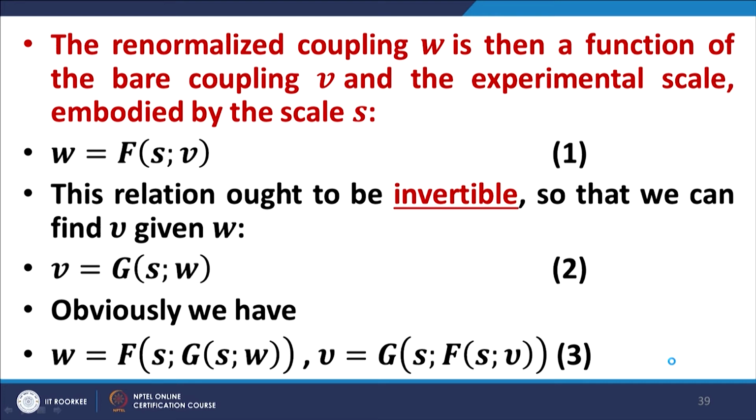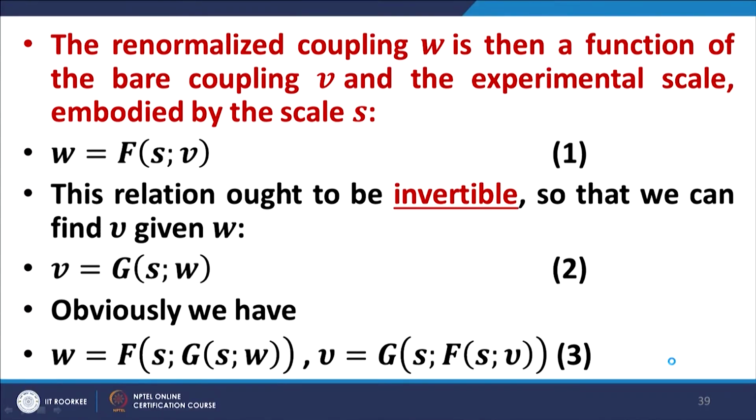So, it would be a function, number 1, of V, which is the bare parameter, the true parameter of the theory, and number 2, S, the scale of operation of the apparatus by which this determination is taking place.